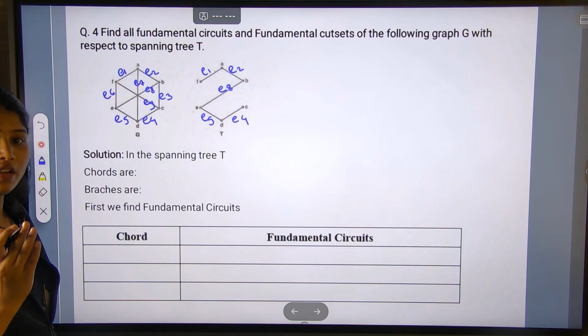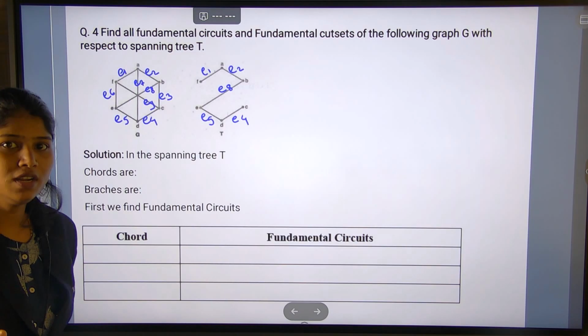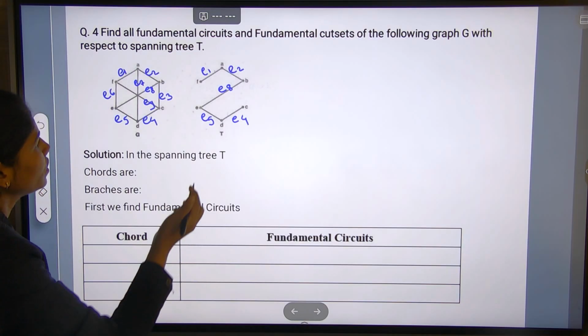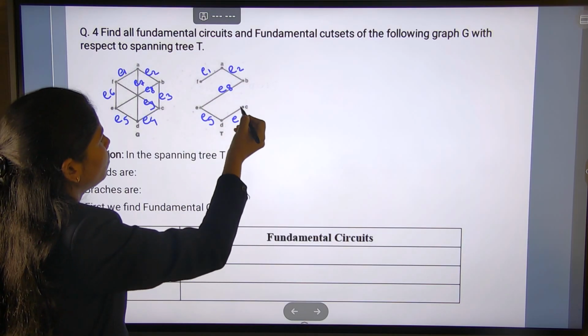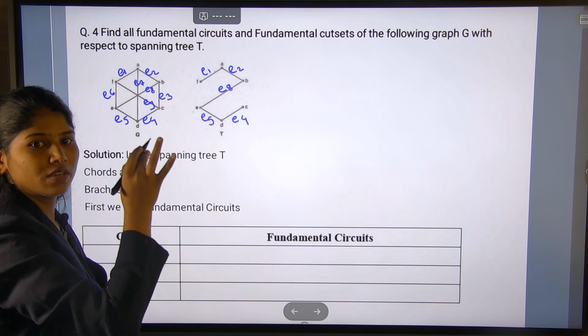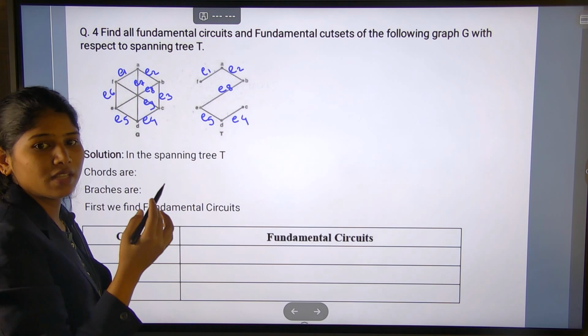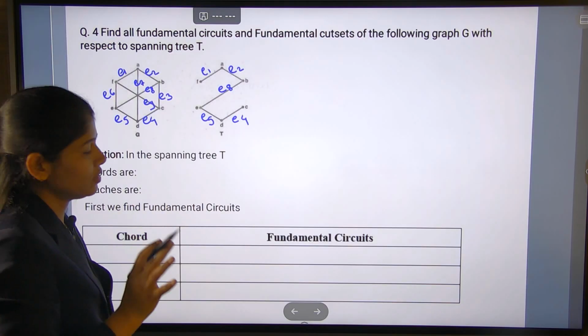In a tree, if n vertices are there, there will always be n minus 1 edges. So here there are total 6 vertices. Therefore, there are 5 edges.